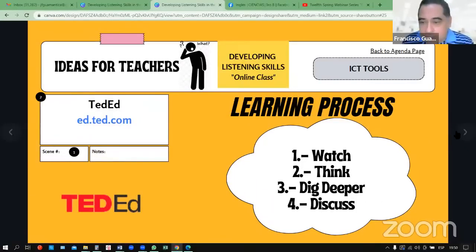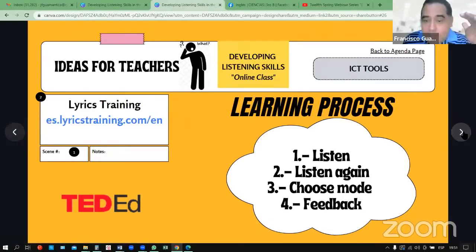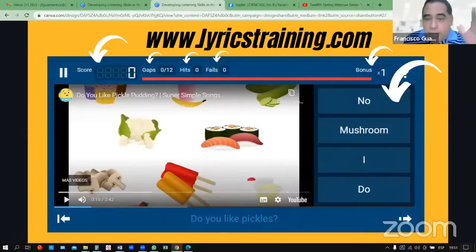We're taking a lot of time on this. The second tool that she was saying was watch, think, dig deeper, and discuss. Okay, yeah. Here are the characteristics of what Marta was saying. You listen and you have the chance to choose one word that you listen to during the song.